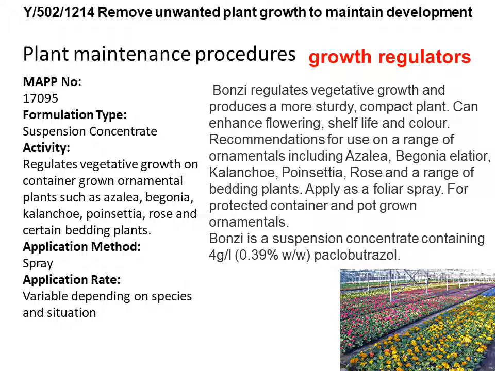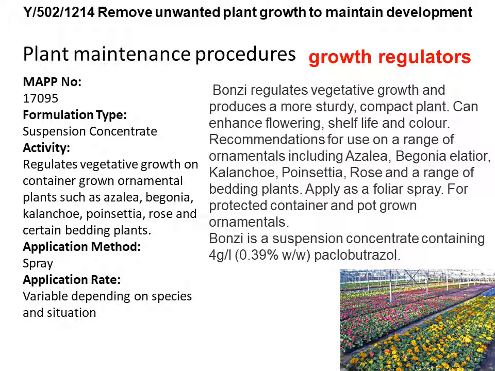In a commercial setting you'll see this type of thing, particularly with plants grown in containers, and plants such as bedding plants or seasonal plants that can end up drawing up if they've been grown in a greenhouse out of season. If you're growing something like a bedding plant in spring, it's growing beyond its normal time if it was outdoors.